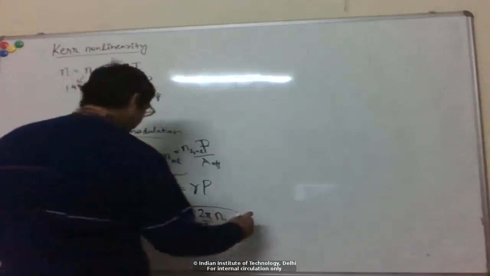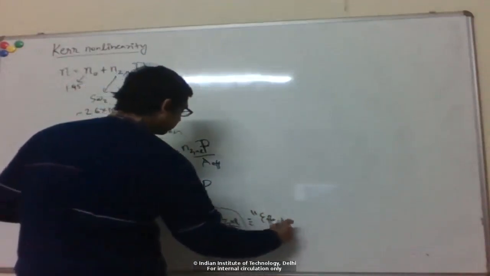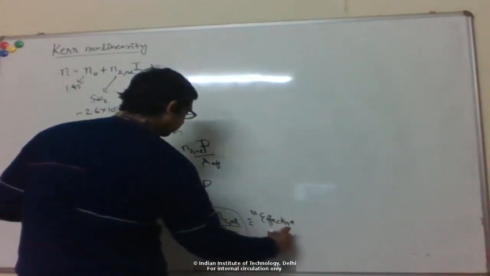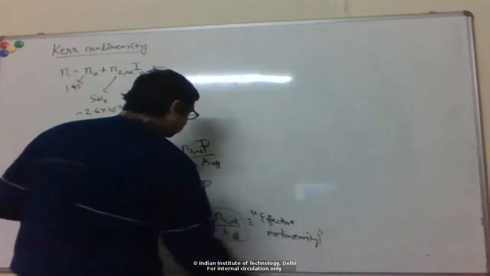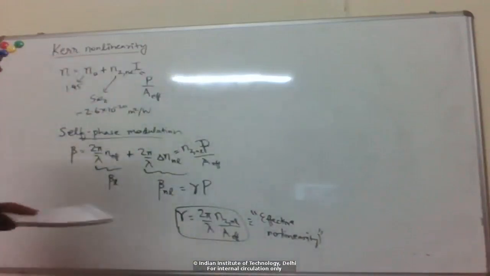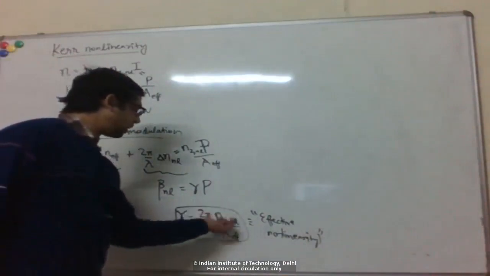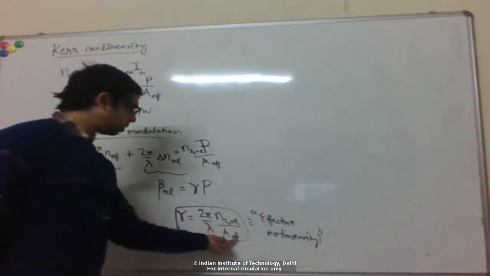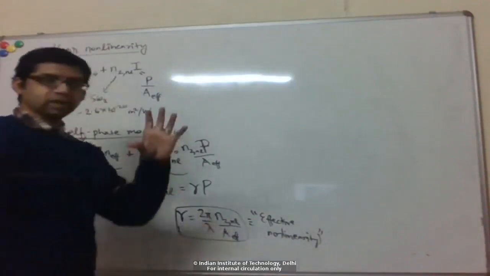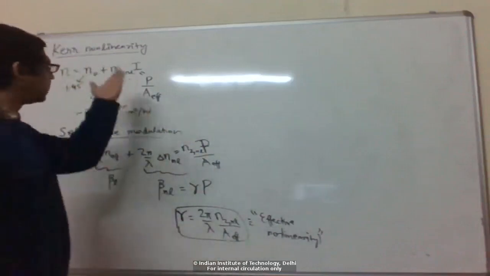This is known as the effective nonlinearity of the medium, or effective nonlinear coefficient. It has the material nonlinear index coefficient n2, plus the mode area. So if you confine the mode to a smaller area, then this gamma is larger, just because the intensity is larger.